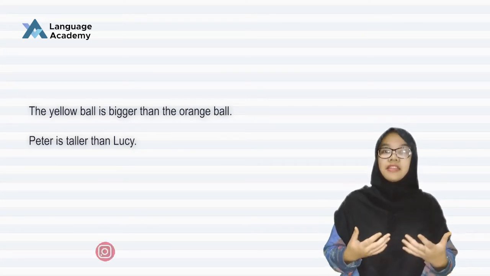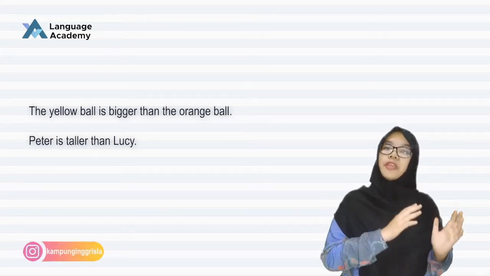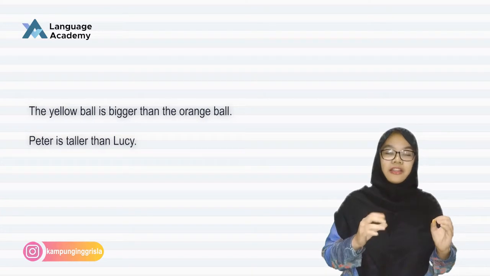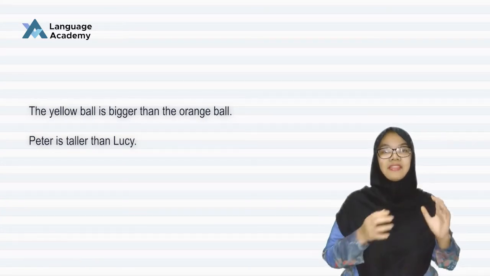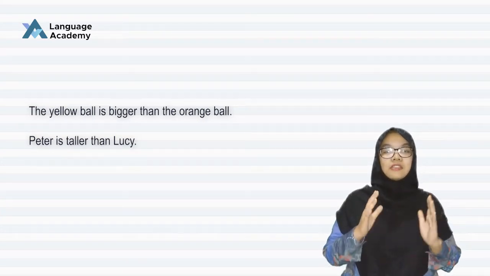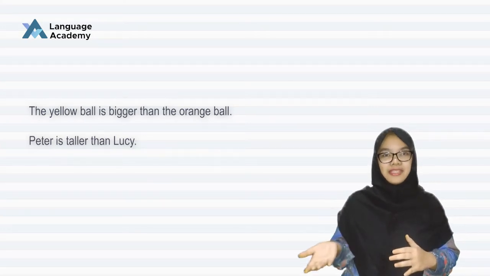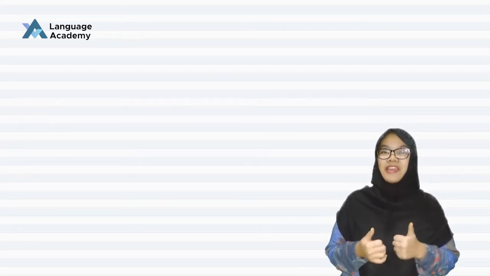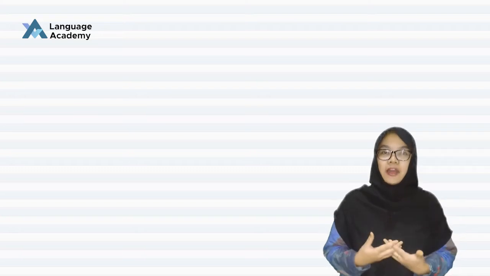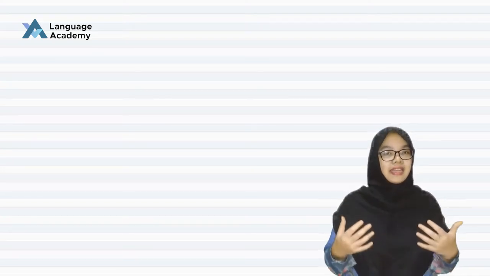Alright, another example would be Peter is taller than Lucy. Peter is taller than Lucy, like that. Okay, very good, little lovers. Now, let's move on to the next group.